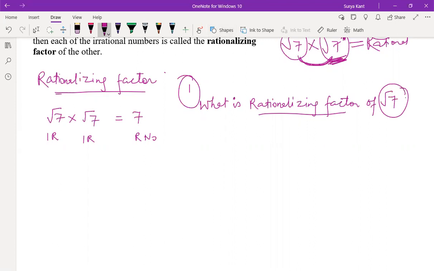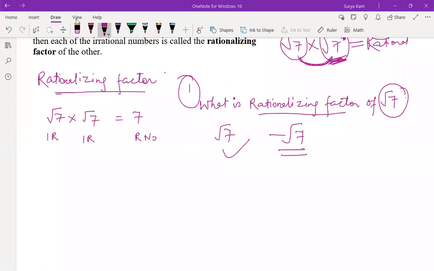Sir, root 7. Okay, root 7 is one answer. This is correct. Any other answer? If I write minus root 7, is this correct or not? Correct, children?